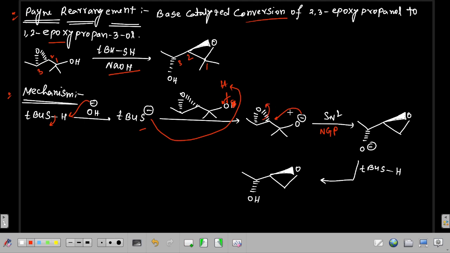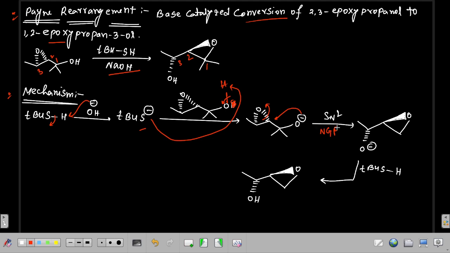Now this undergoes NGP type of rearrangement, like this anion will attack the epoxy alcohol from the opposite side. Here the epoxide is present below the plane, so the attack will be from above the plane.